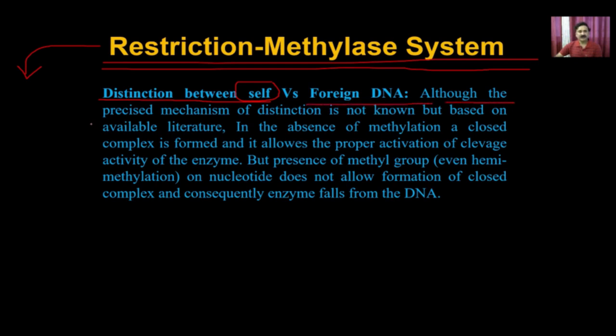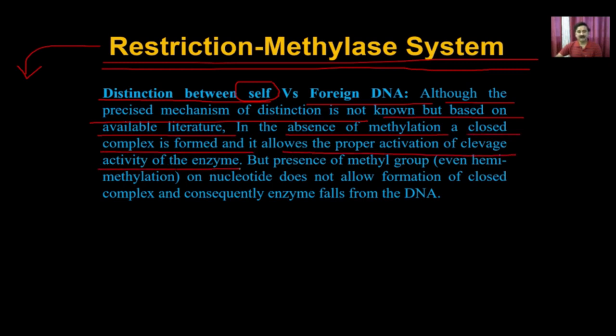Although the precise mechanism of distinction is not known, based on the available literature, in the absence of methylation a closed complex is formed and it allows the proper activation of the cleavage activity of the enzyme. But the presence of a methyl group, even hemimethylation on a nucleotide, does not allow the formation of the closed complex, and consequently the enzyme falls off the DNA.